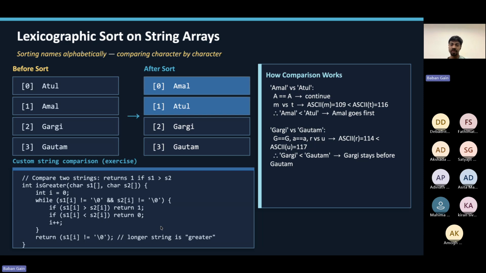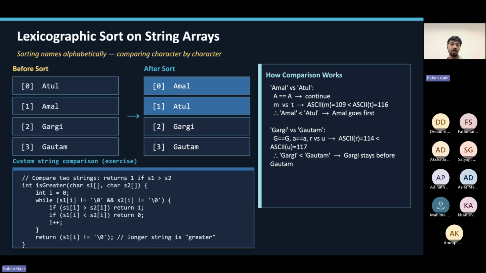But what is the case when both of them are equal? Even though it is not explicit here, if it is not greater and if it is not lesser, there is only one other option, that they are both equal. So in this case, we are doing i plus plus, and then we go again to the same check. It will check index one, then index two, until it has found some index where the characters are different between the two strings.